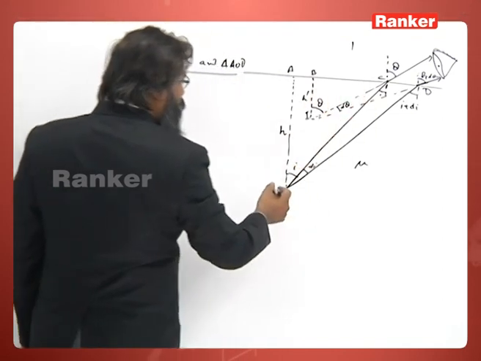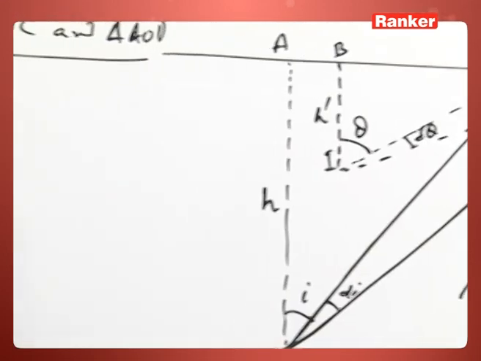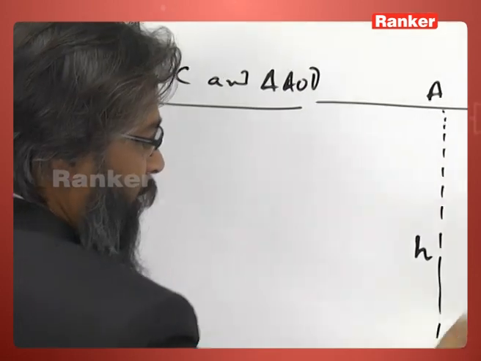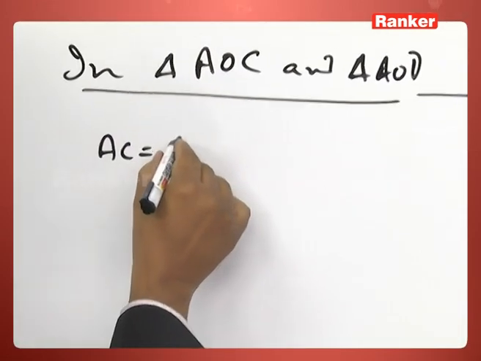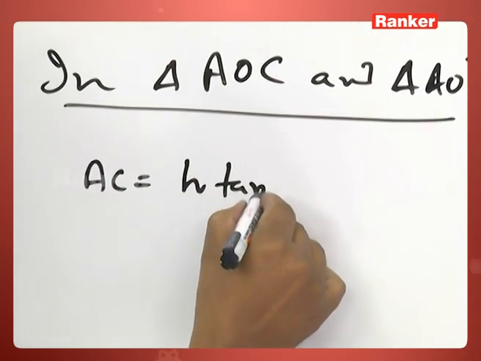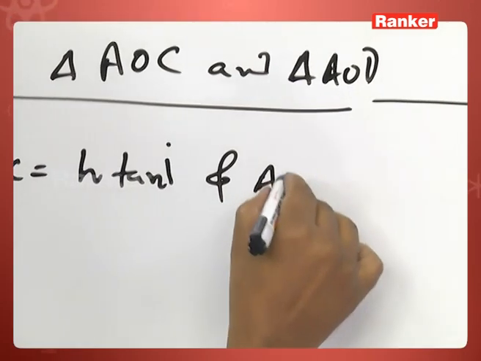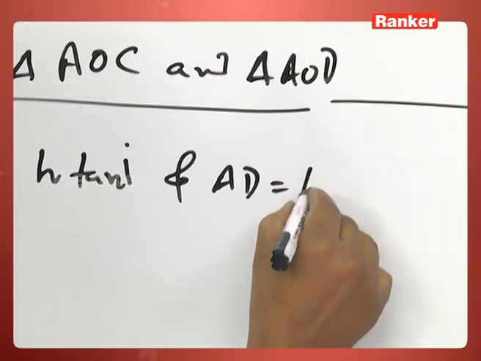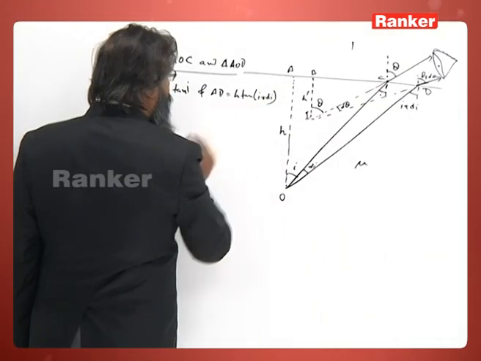So AC, this angle is I. So AC by H is tan I. So AC becomes H tan I, and AD becomes H tan(I plus DI).